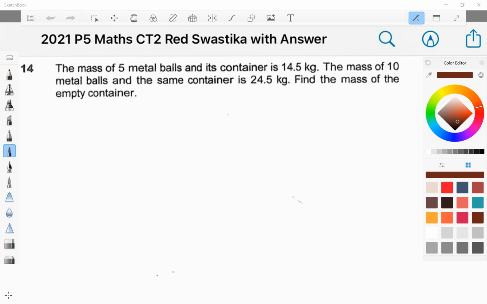They say that the mass of 5 metal balls and its container is 14.5 kg. So I'll underline 5 metal balls, I'll underline the container, I will circle 14.5 kg. This is me doing my annotation in pencil.